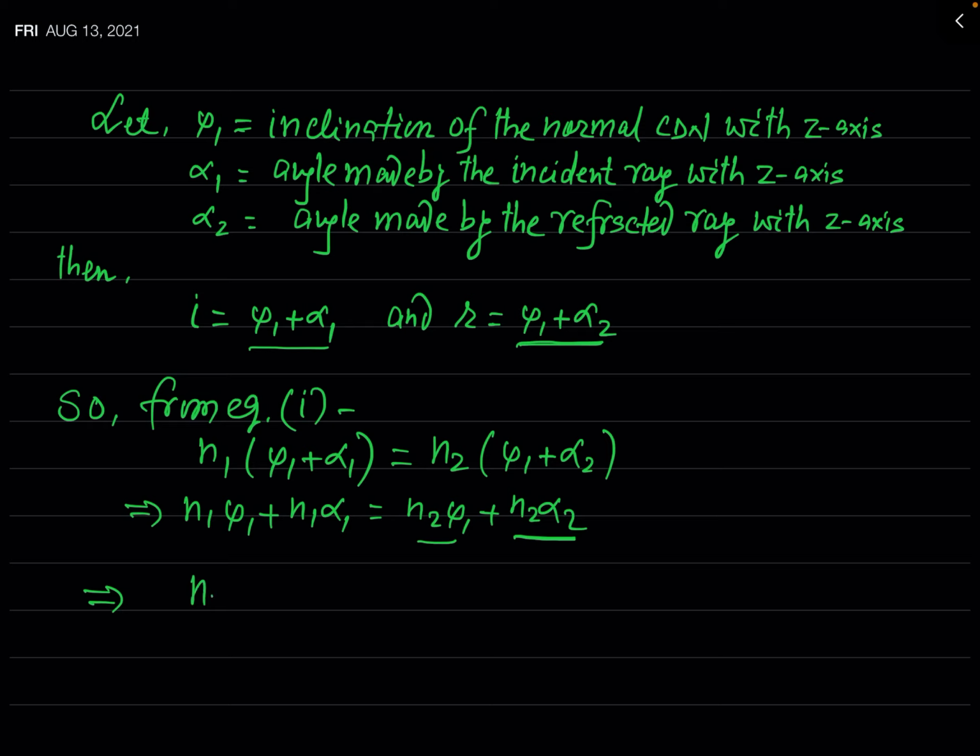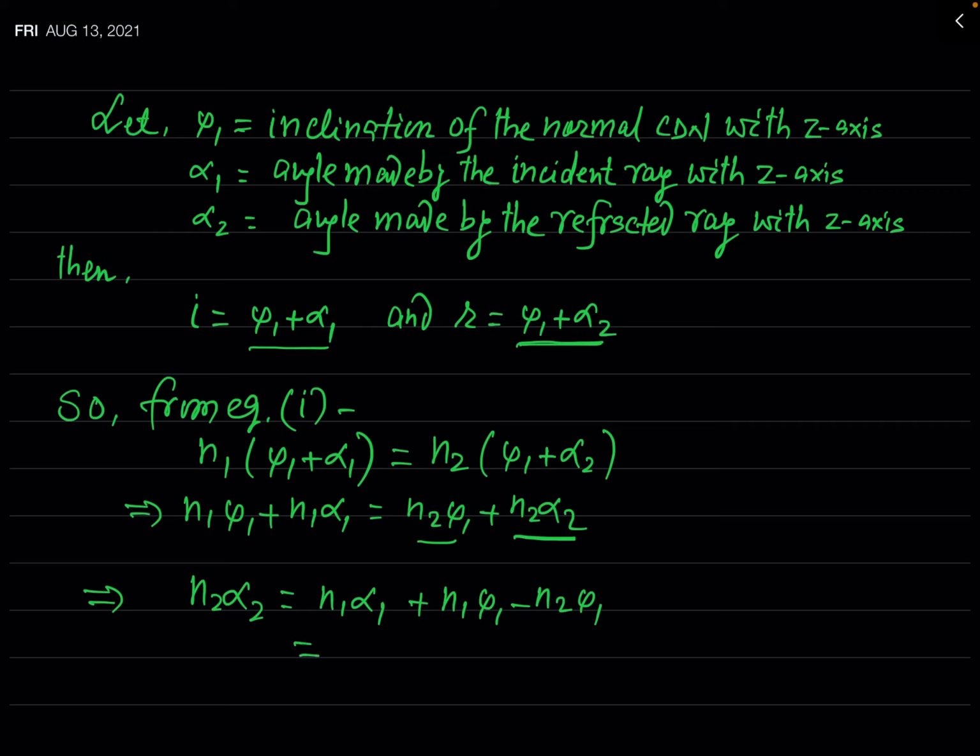So you can see what will be the result. N2 alpha 2 will be equal to N1 alpha 1 plus N1 phi 1 minus N2 phi 1.